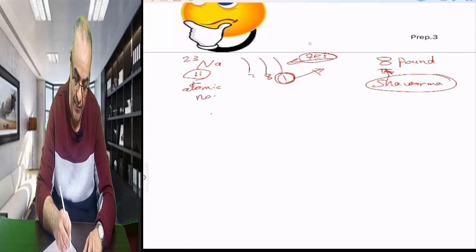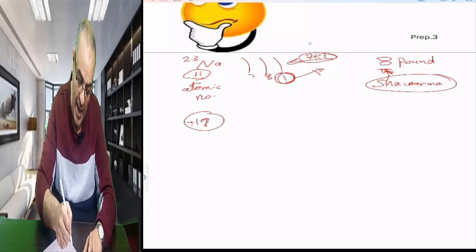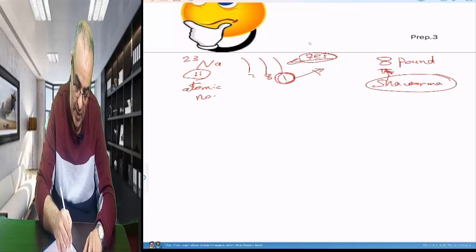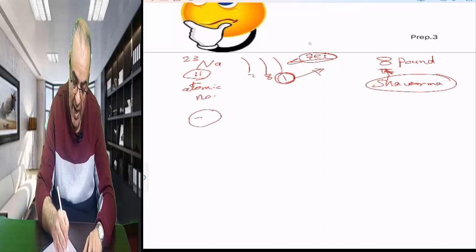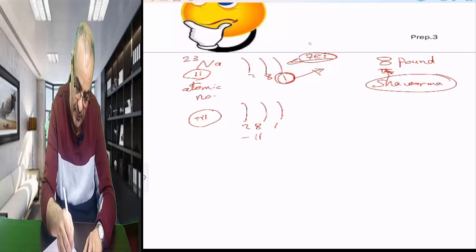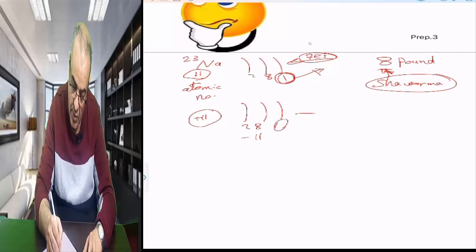So here we have 11 protons. We have inside the nucleus 11 protons, and outside we have 2, 8, 1, 11 electrons. When we get rid of this one, the atom becomes 2, 8.